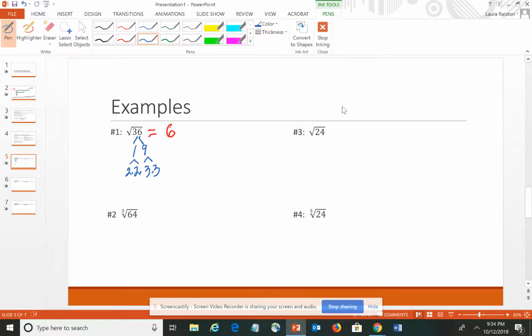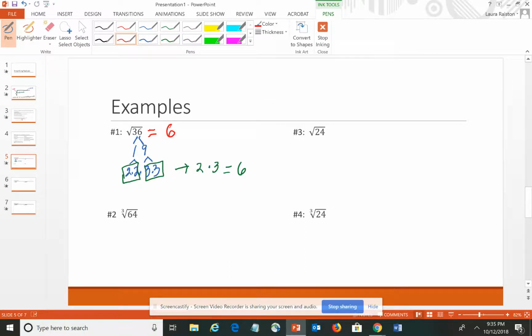Then I want to look for sets of 2 since I have an understood index of 2. I have a set of 2s and a set of 3s. If I remove a 2 and a 3 from underneath the radical, that still gives me 6. So I can approach it in either format. It just depends upon which one you feel more confident doing.